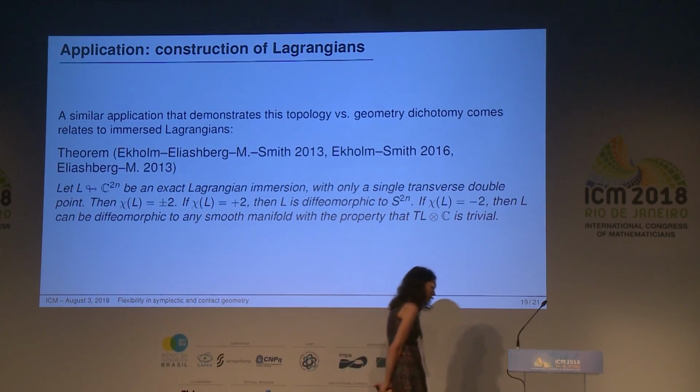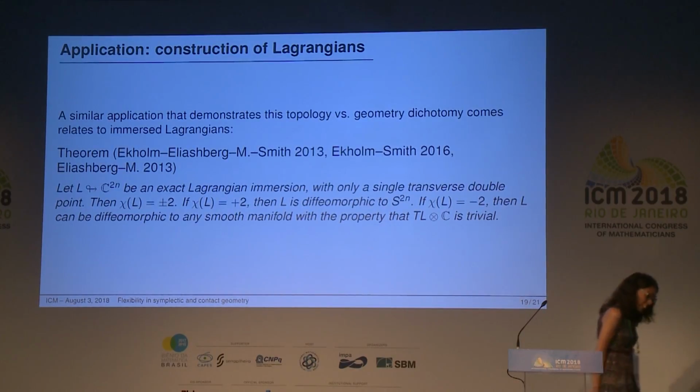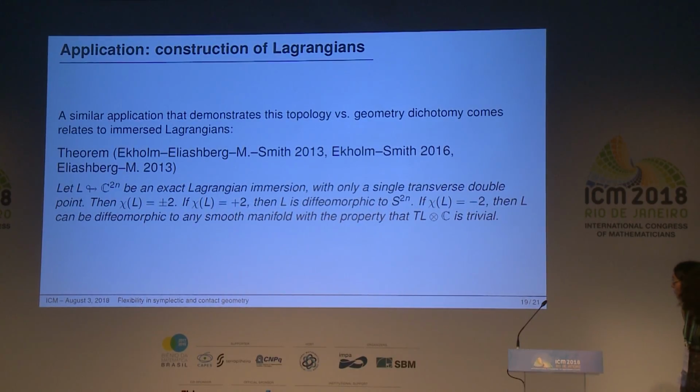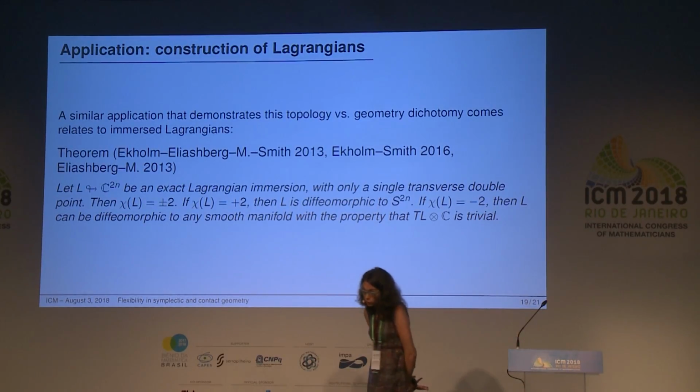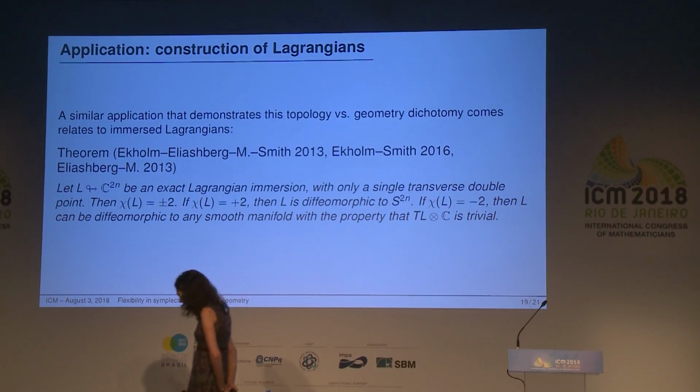If it's positive 2, then the Lagrangian actually has to be diffeomorphic to the sphere. So this is a rigidity result. It's telling you that most things don't immerse.